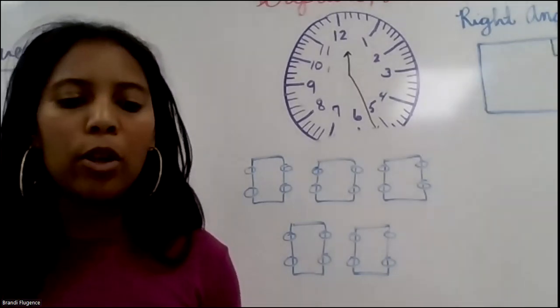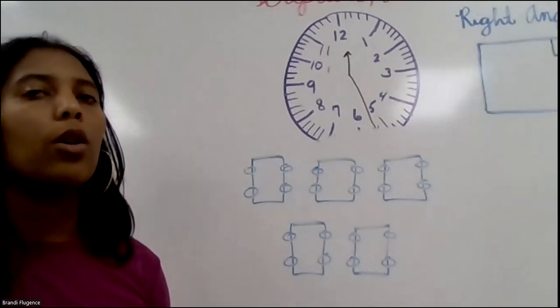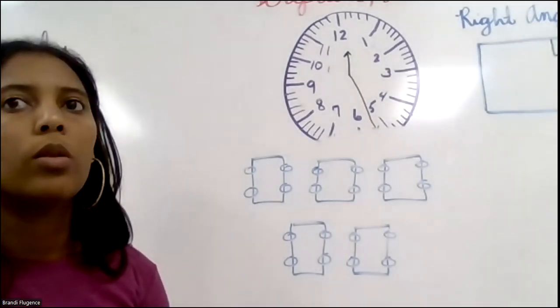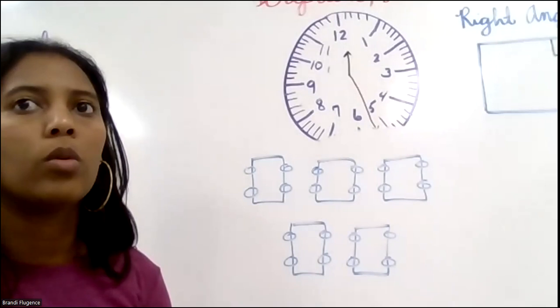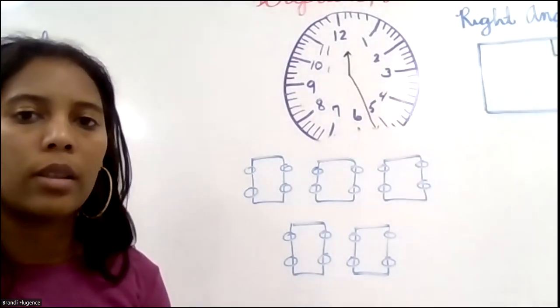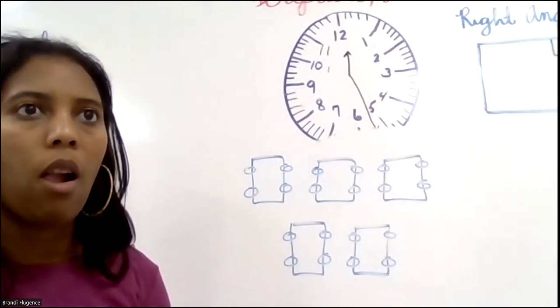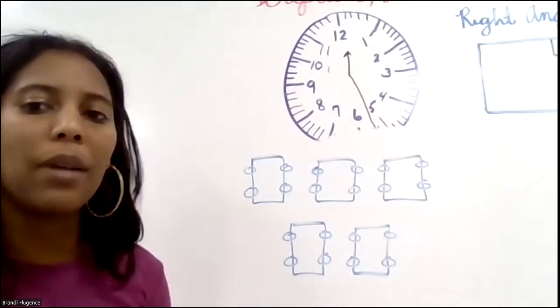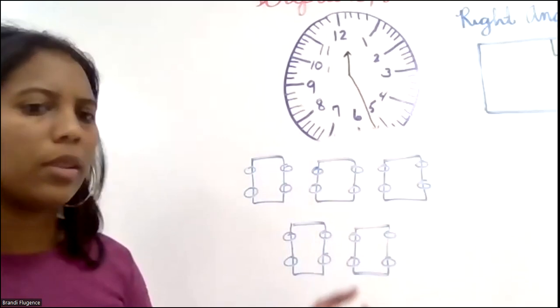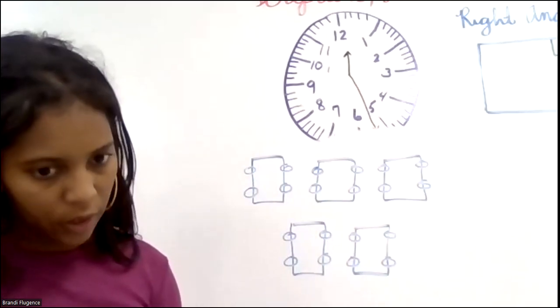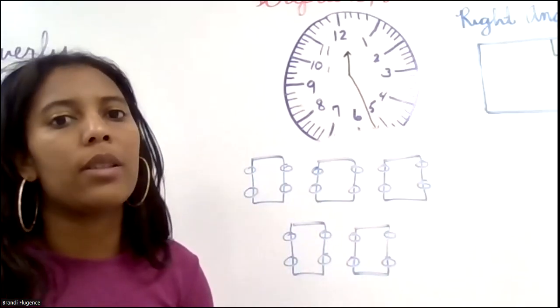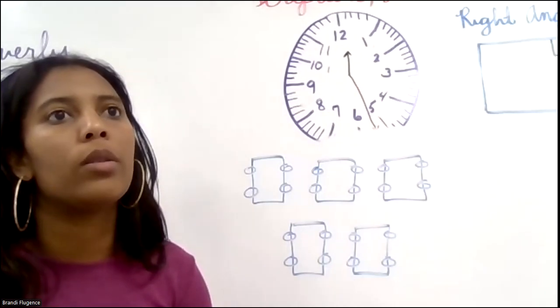Okay. So 5 groups of 4 wheels is how many wheels total? Nope, count them. That's 5 times 4. No, you're not counting by 5s. It's 4 wheels. Just count them. 5 groups of 4 wheels. How many wheels do we have total?